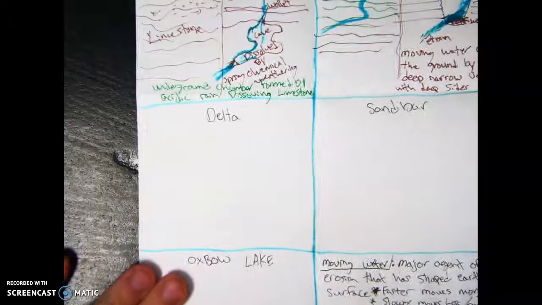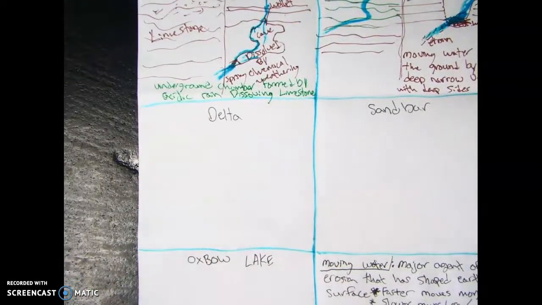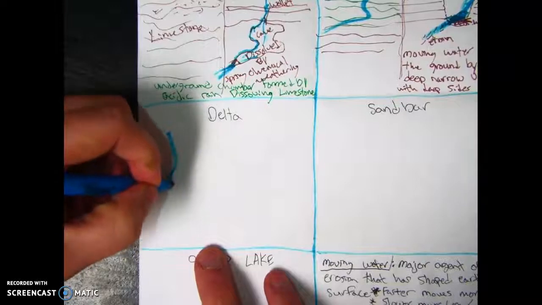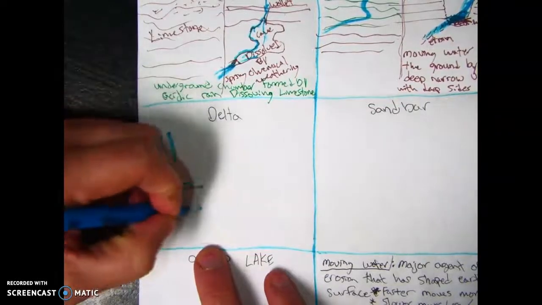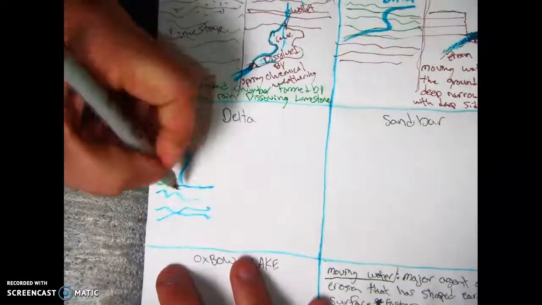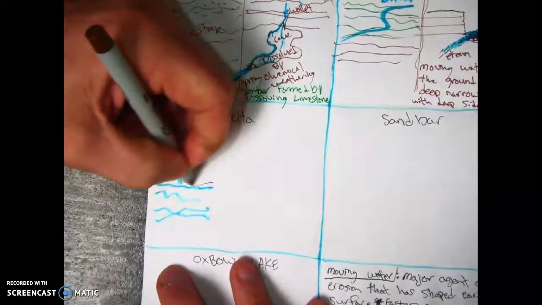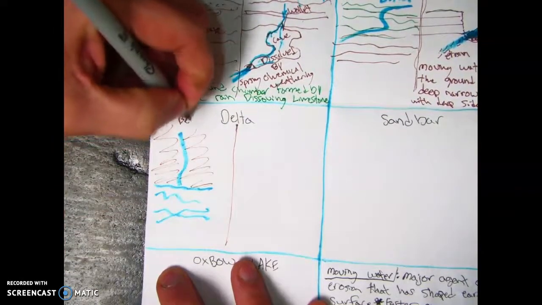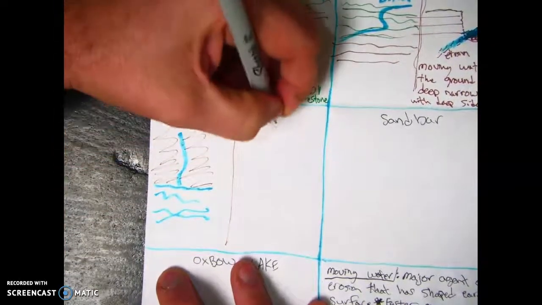The delta then is going to be where a river, here's our river, meets the ocean. Here's all of our ground. This is an aerial view, right? This is the before. This is the after.